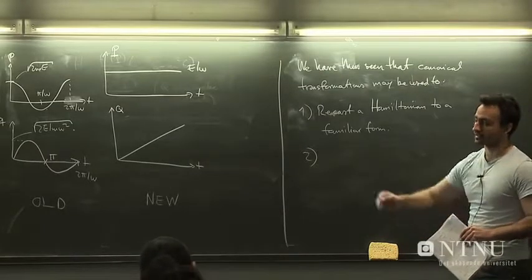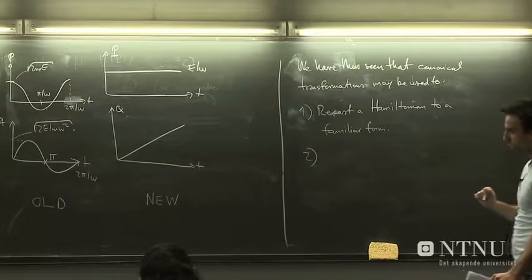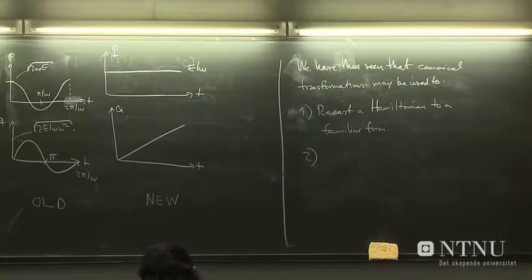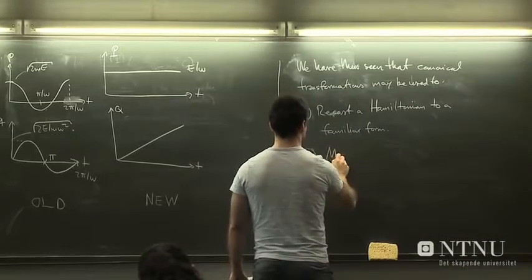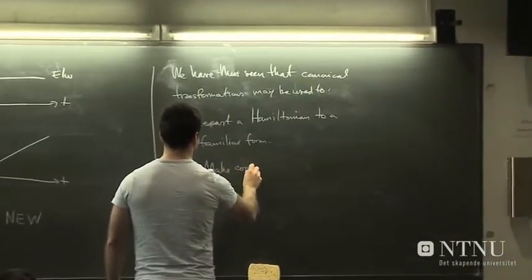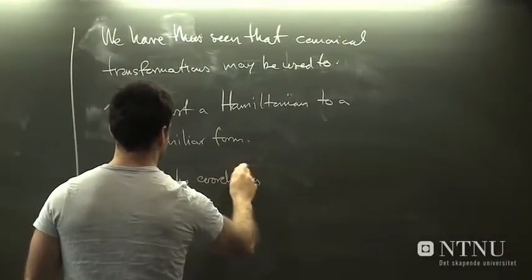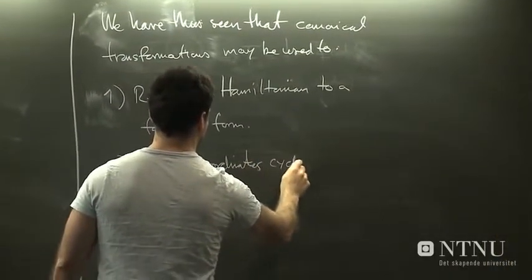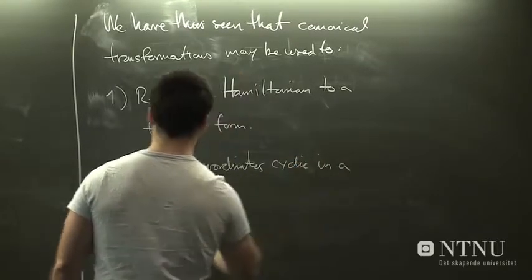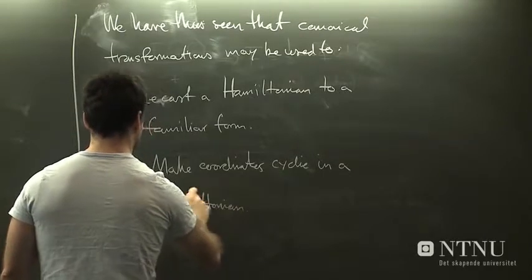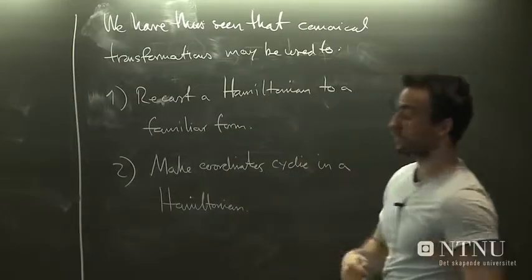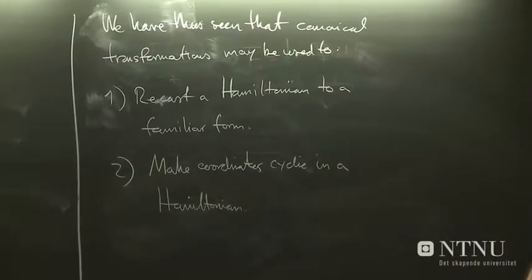But secondly, as this example illustrates, canonical transformations can be used to make coordinates cyclic in a Hamiltonian, with all the advantages that follow from this fact.